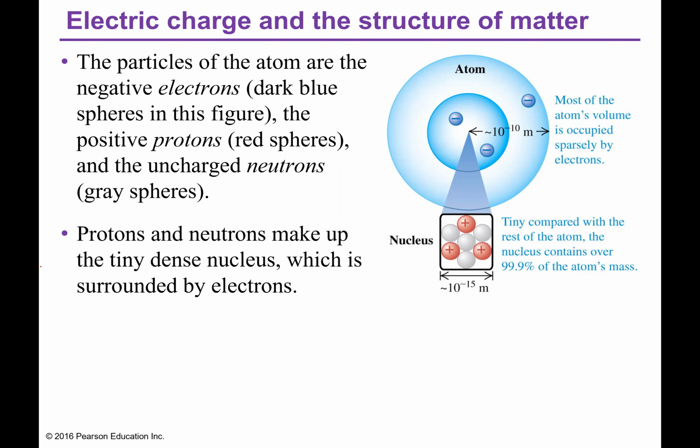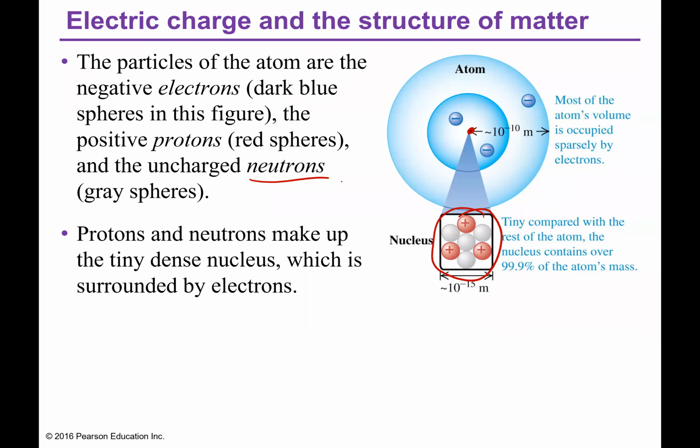So we have a nucleus, which is at the center of the atom, where the neutrons and protons are. So you can see the nucleus has positively charged particles, we call them protons, and then neutral particles, we call them neutrons. So those grays are neutrons.